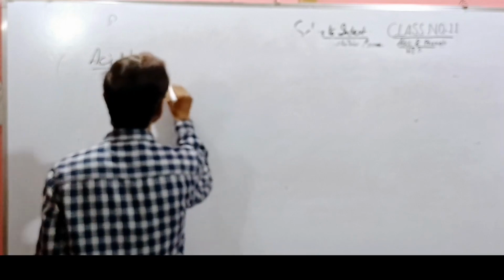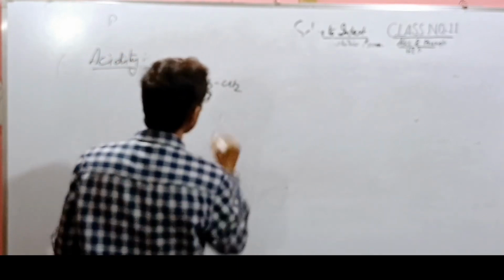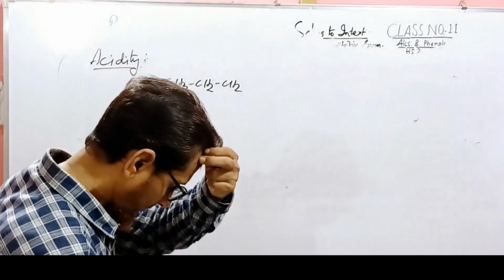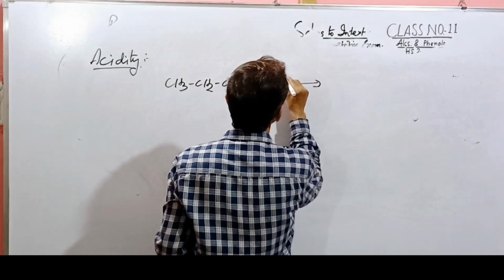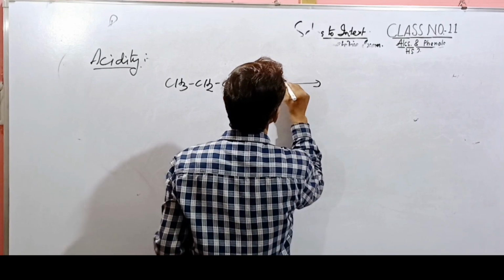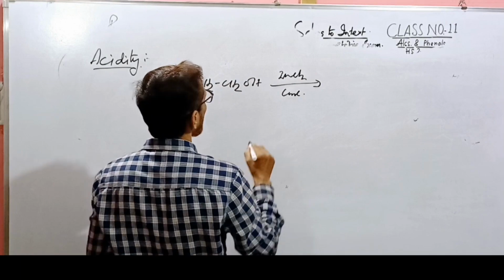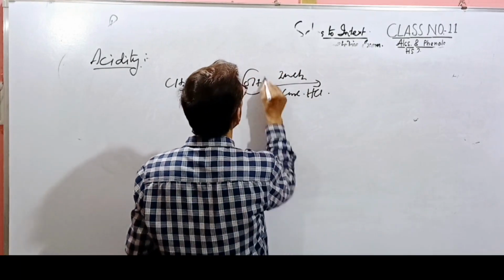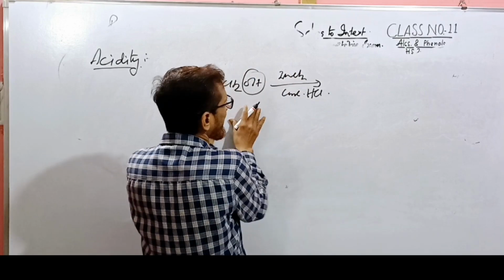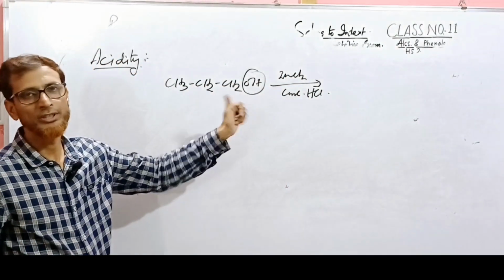So the first question is CH2CH2OH, and a bit earlier I told you, zinc chloride and concentrated HCl. This is the Lucas reagent, and I told you alcohol becomes alkyl halide when we test it, 1 degree, 2 degree, 3 degree.